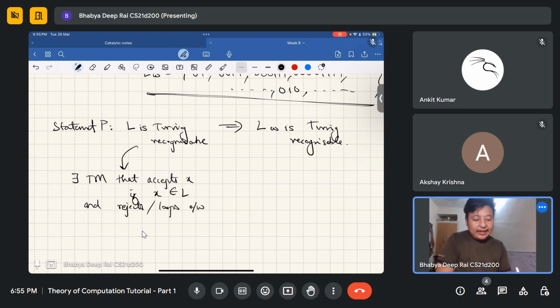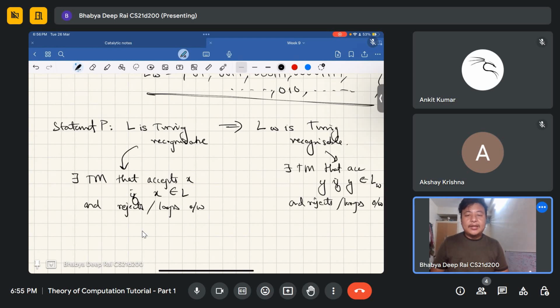And a similar definition here: there exists a Turing machine that accepts some Y if Y belongs to LW and rejects or loops otherwise.